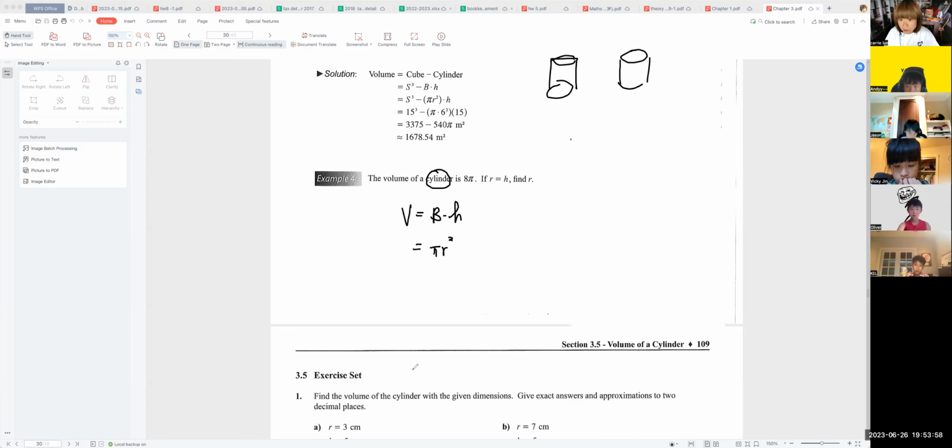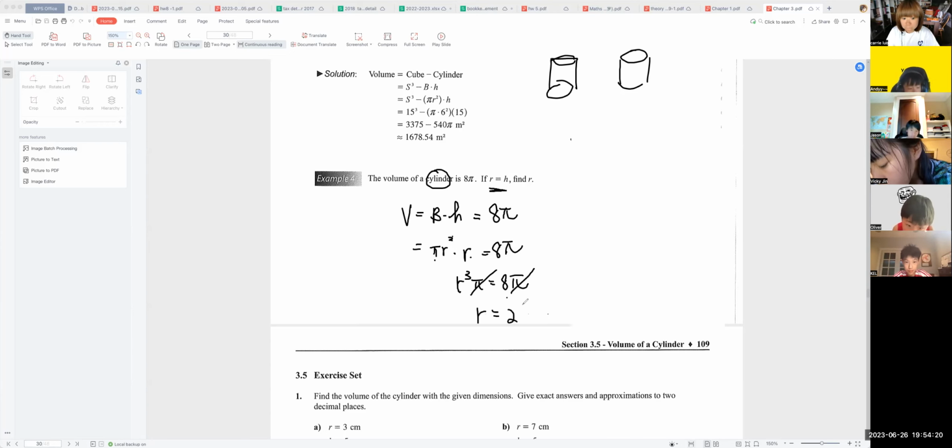Pi r squared, correct? And the question tells you the radius equals the height, so we can rewrite the height as radius as well. So it equals 8 pi. So r squared times r equals r cubed times pi equals 8 pi. So pi and pi are gone. So r cubed equals 8. So r equals 2. Get it?